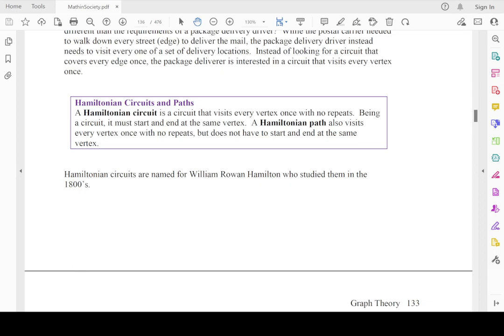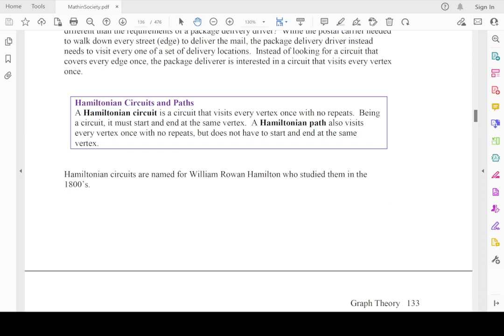And Hamiltonian circuits and paths are more like a delivery man, or later we'll see what's called the traveling salesman problem. So with delivery, your vertices are the homes where you're delivering packages. You don't necessarily need to go through every street. You just need to make sure that you hit every home that has a package that needs to be delivered.